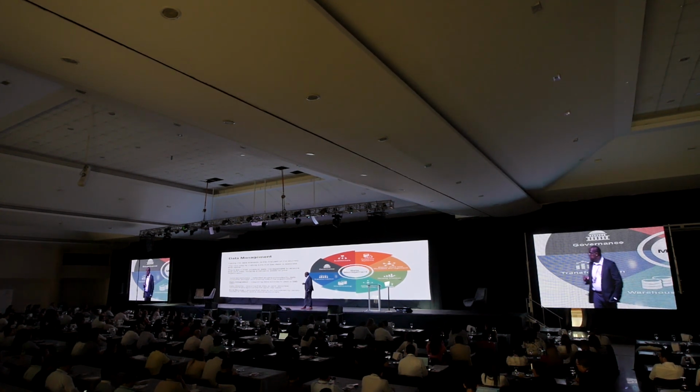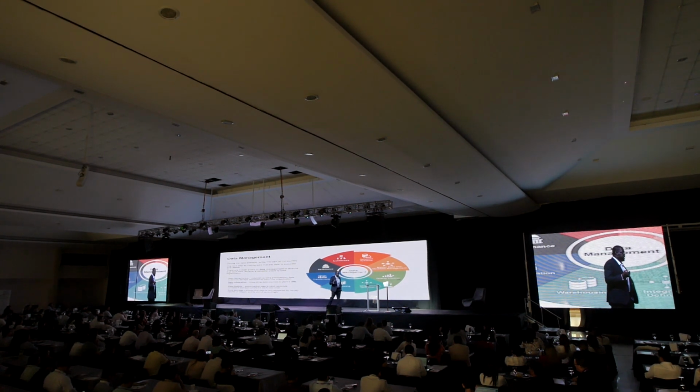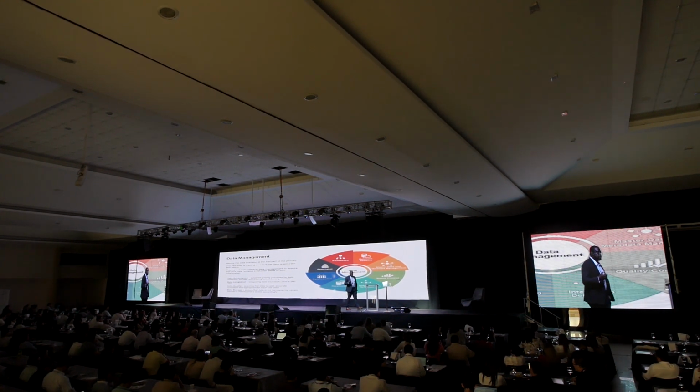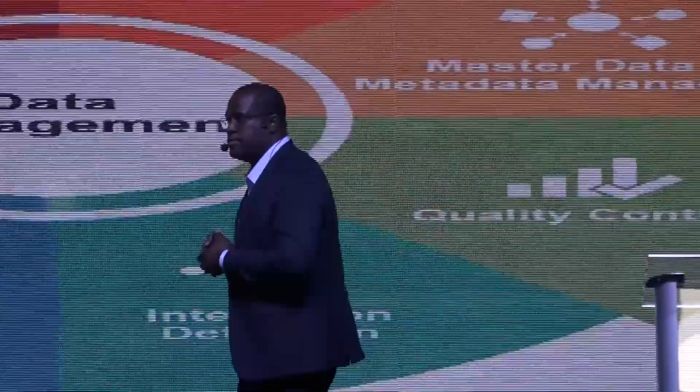After data governance, you have to have what I call data integration. And data integration is important because you're taking data from different sources. How do you integrate this together? How do you make sure that the data that you integrate actually makes sense? The next one is going to be data quality.